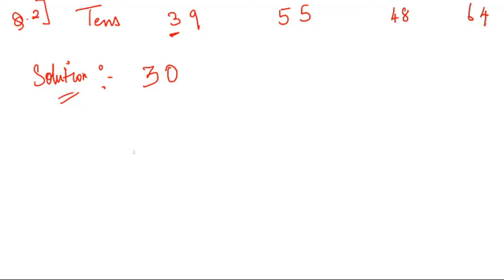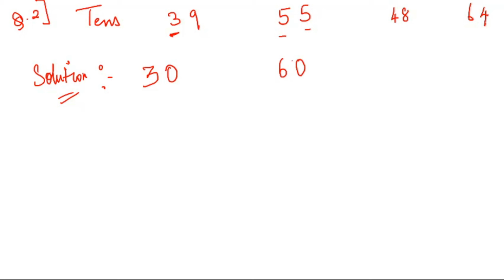Now here this is 5 and this is 5. So 5 means plus 1, 6, and in place of 5, 0. It will become 60. Next is 48. 8 is greater than 5. So we will add 1.